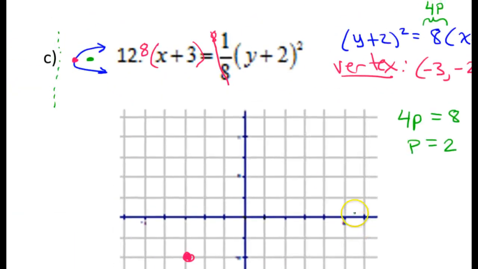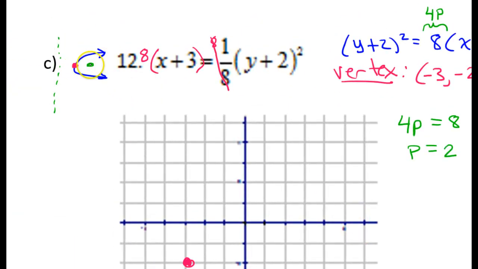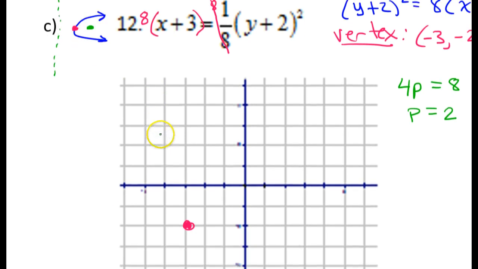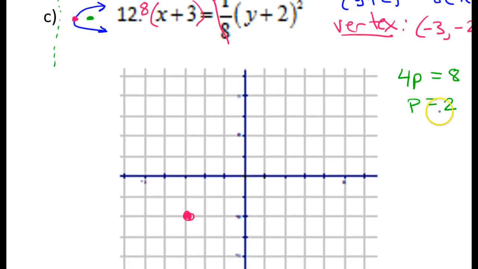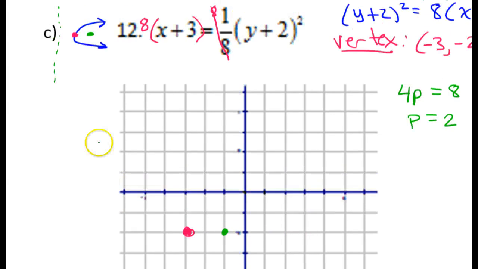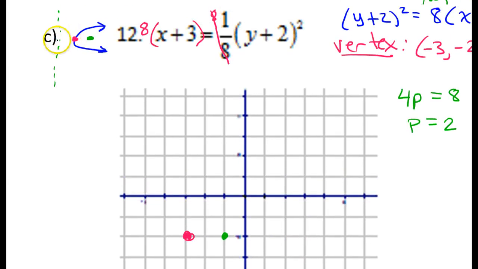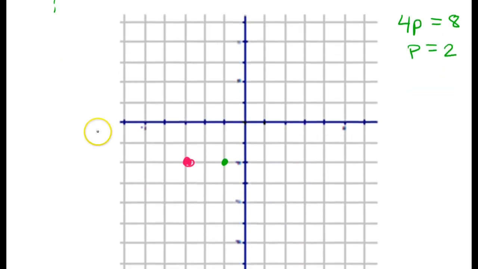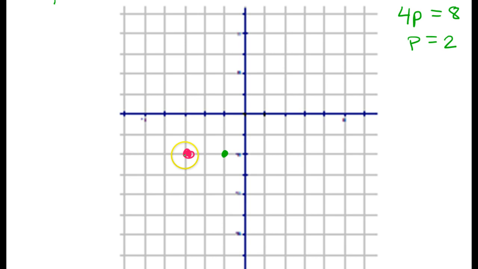I knew right from the beginning that the focus would be to the right of the vertex. Now I know that the focus will be exactly 2 units to the right. So the focus will be here. The parabola will open around this focus. The directrix should be the same distance to the left, a vertical line. So if the focus is 2 units to the right, the directrix will be 2 units to the left.